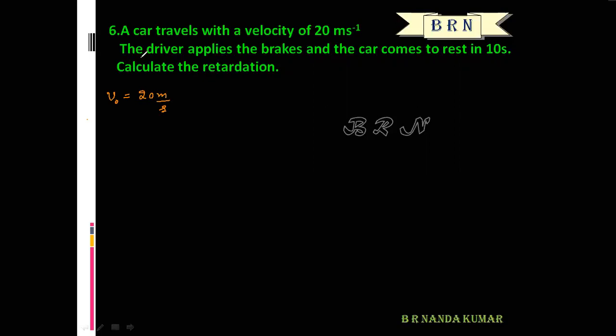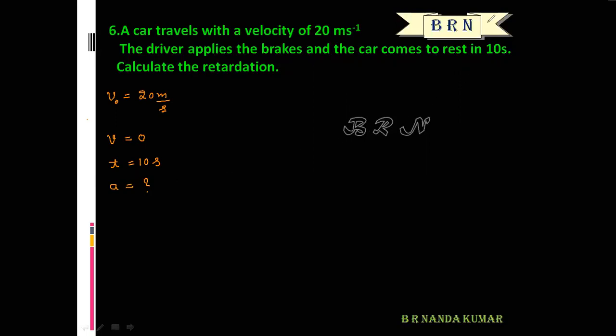The driver applies the brakes, so what is the final velocity? Finally the car comes to rest, right? That means the final velocity is equal to 0. Time is 10 seconds. So we have to find the retardation.